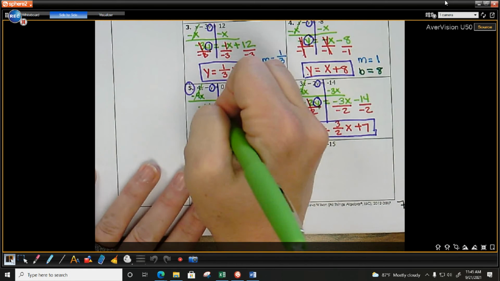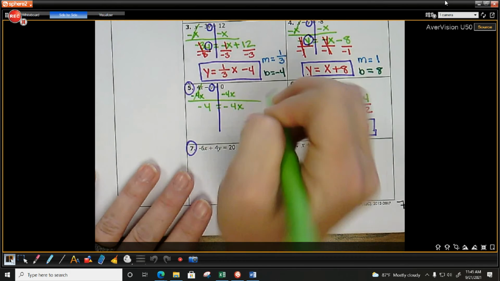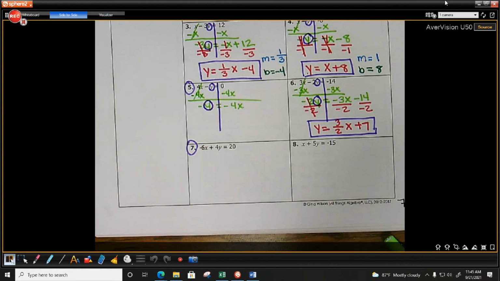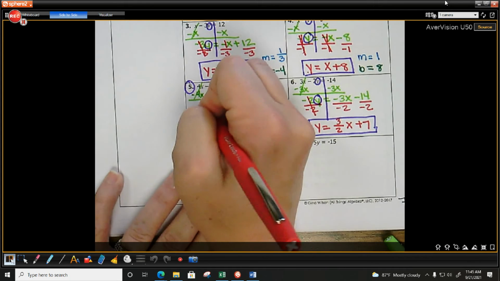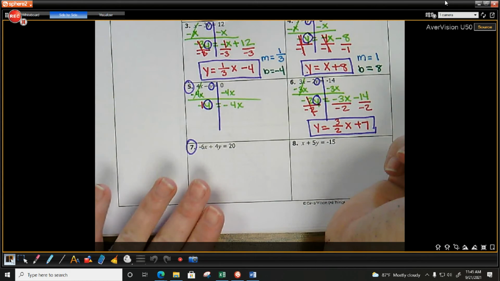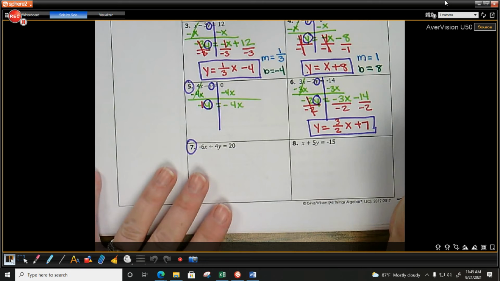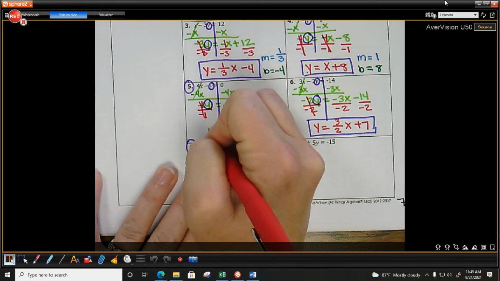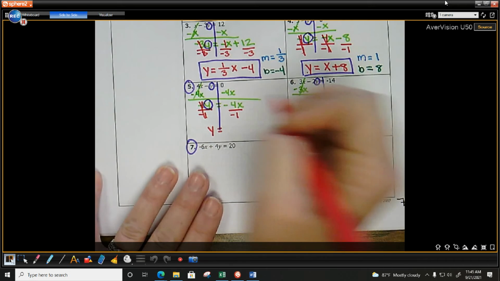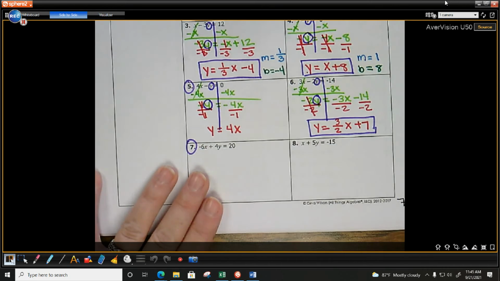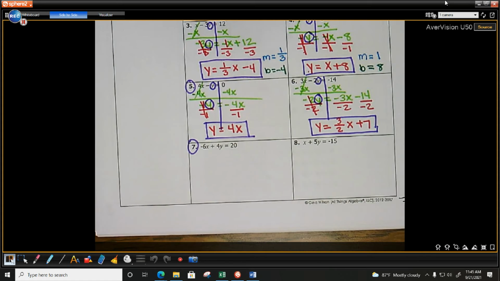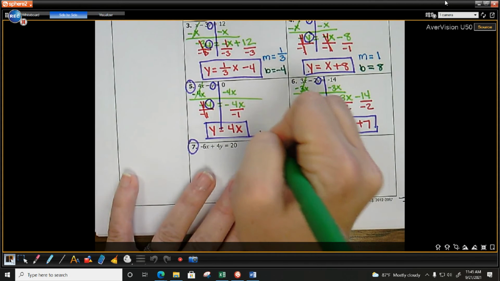Y has an understood coefficient of 1, and there's a negative, so it's a negative 1. How do you get rid of a negative 1 coefficient? Divide by negative 1. So I get y equals 4x. Good? What would my b be here? B is 0. What's my m? 4. Very good.